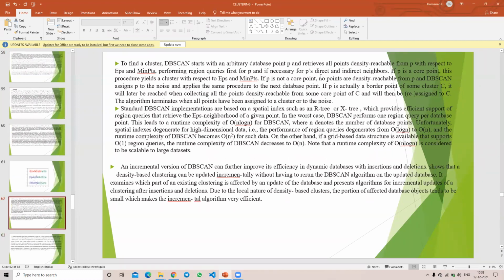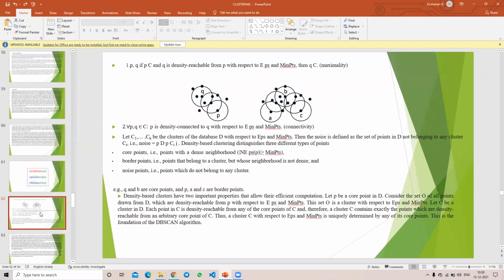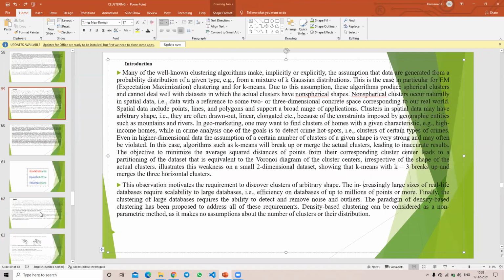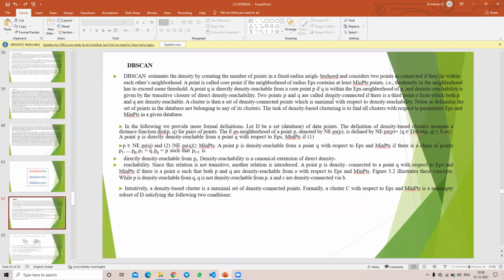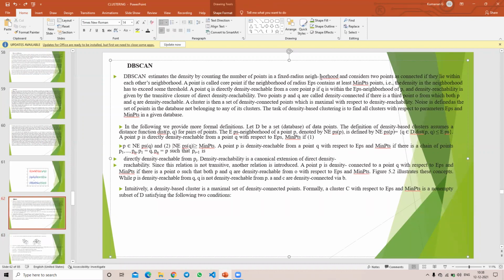From this, I will give a detailed explanation of the density-based scanning algorithm. Okay, let's go.